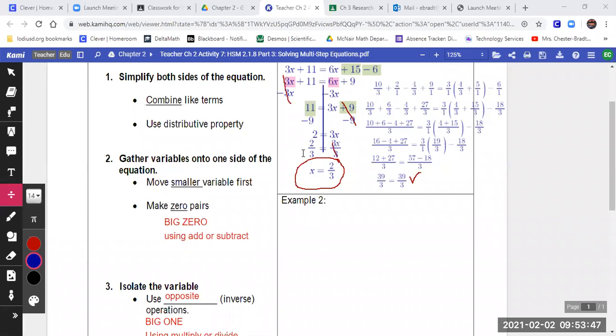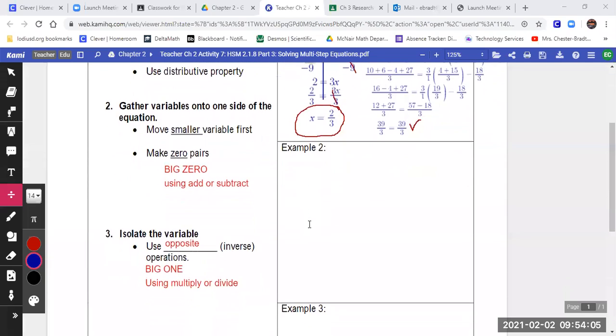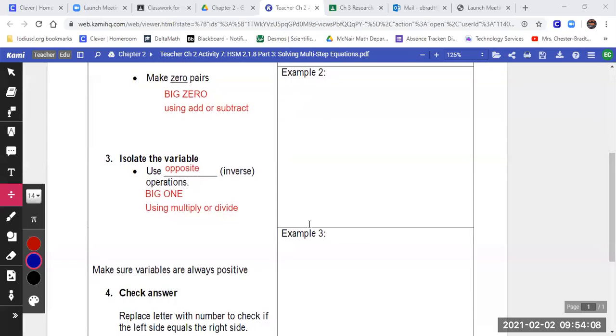All right. So now we're going to go to our second example.